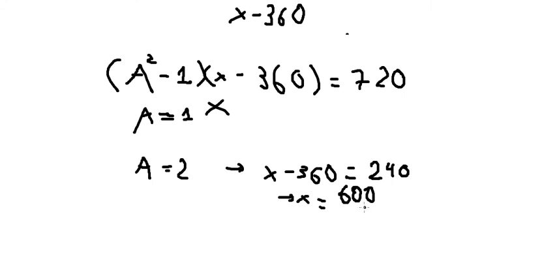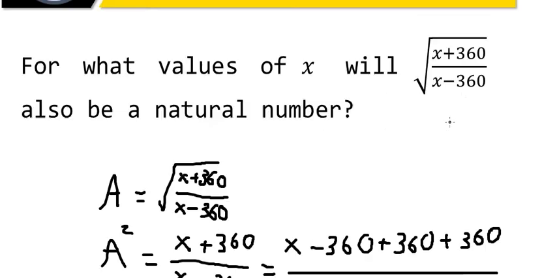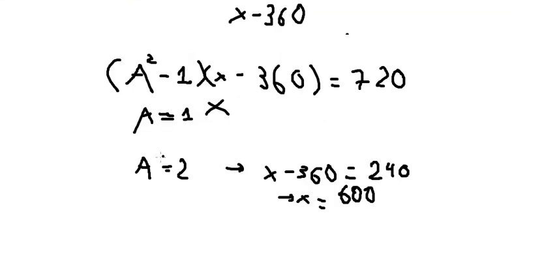If we put 600 back into the square root, it satisfies the condition, because we need to make sure that this one is positive. Now let's go a equals 3.